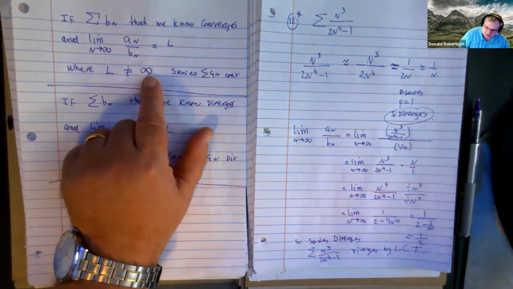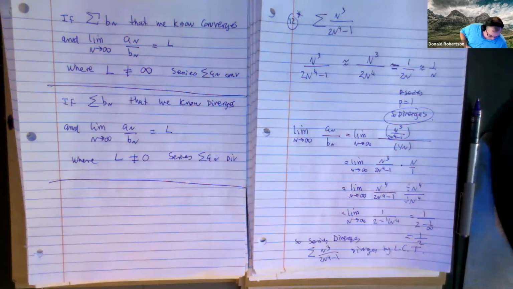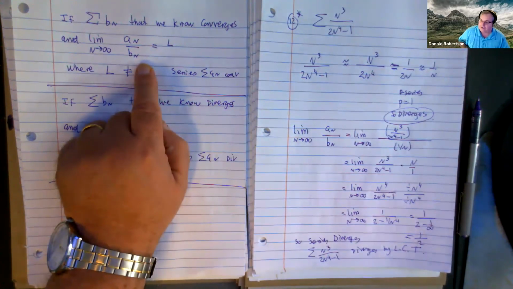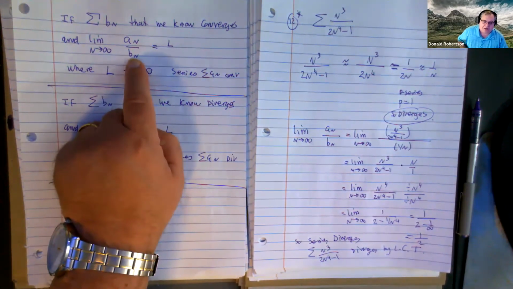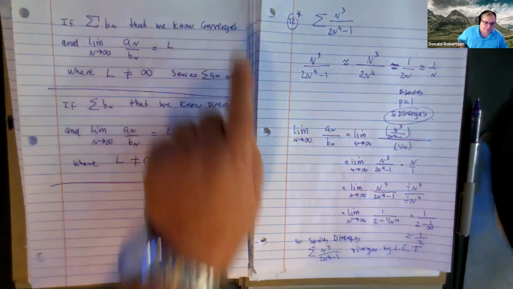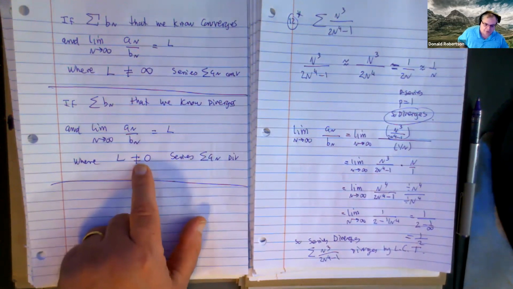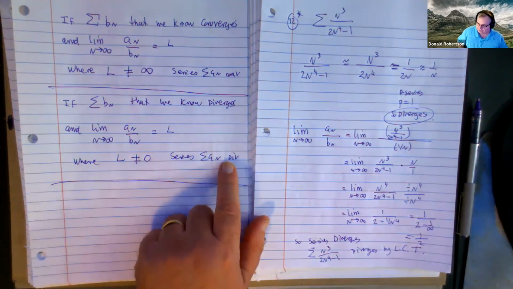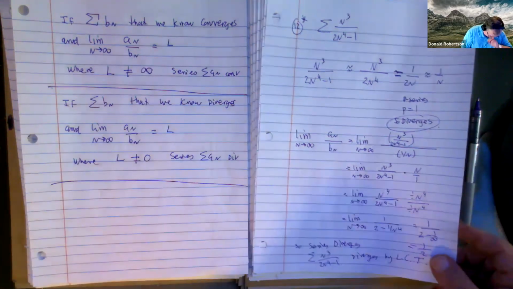And in the previous one, as long as it's not infinity, it'll converge. So you notice there's a slight difference here. This limit has to be a number that's not infinity if you're comparing it with a converging series. And this ratio has to be equal to a limit that's not 0 if you're comparing it to a divergent series. So they're almost identical, apart from that.